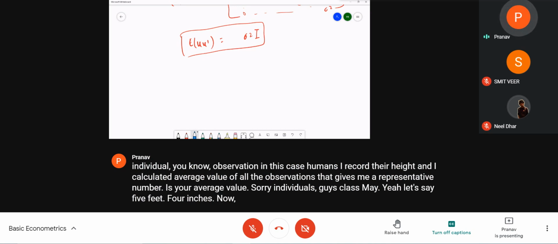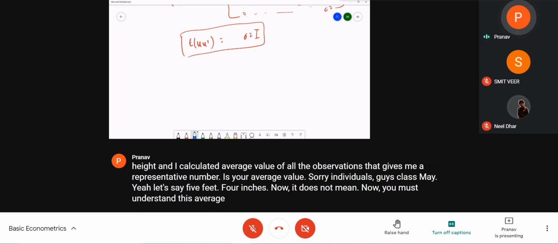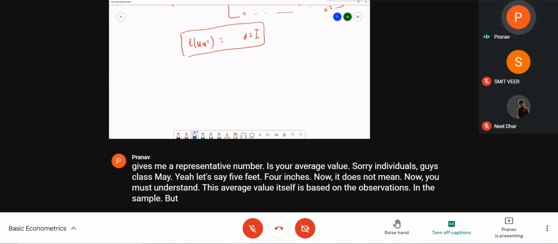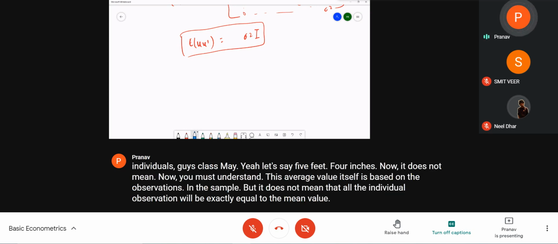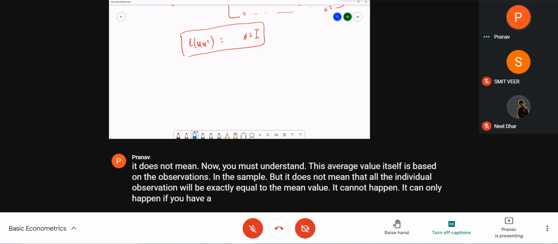Now you must understand that this average value itself is based on the observations in the sample. But it does not mean that all the individual observations will be exactly equal to the mean value. It cannot happen. It can only happen if you have a uniform distribution, which we are not talking about right now.